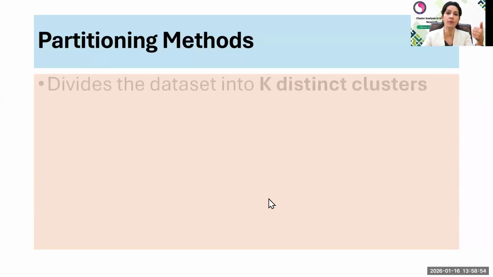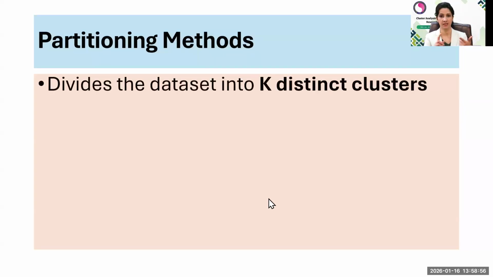There are two ways of doing it. First, and most commonly, is k-means clustering, which divides the data set into k distinct clusters. Now what is this k? In the analysis, you tell the software how many clusters you want. If you give the software a command of 3, it will give you 3 clusters.